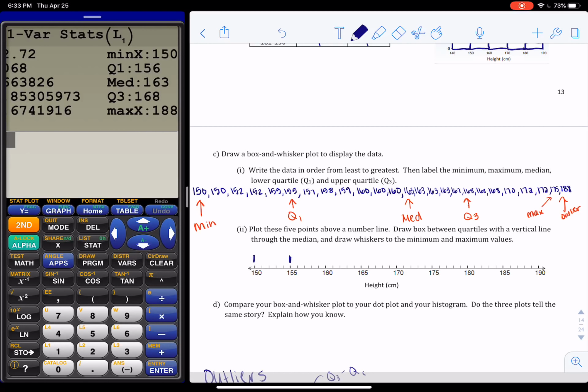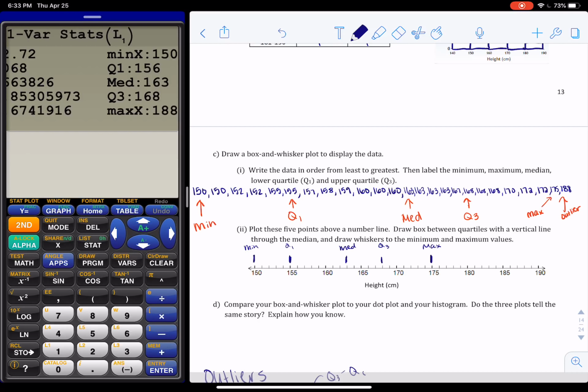The median is 163. Q3 is 168. And then the maximum is 175. So we have our min, Q1, median, Q3, and then the max.